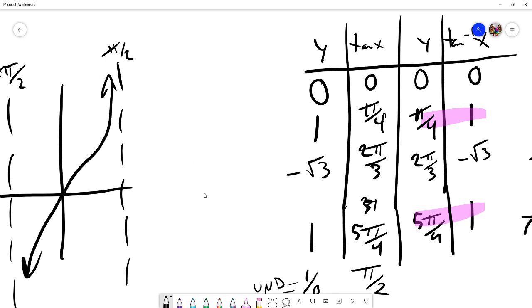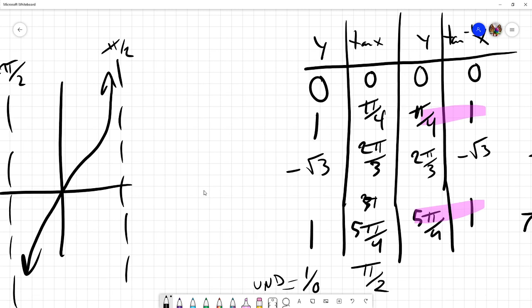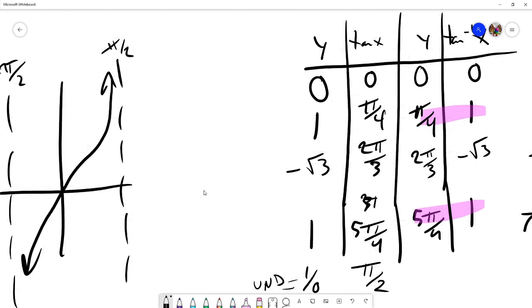So since the outputs and inputs are swapped, as our inputs get larger and larger towards infinity, the outputs have to be getting closer and closer to this asymptote, right?